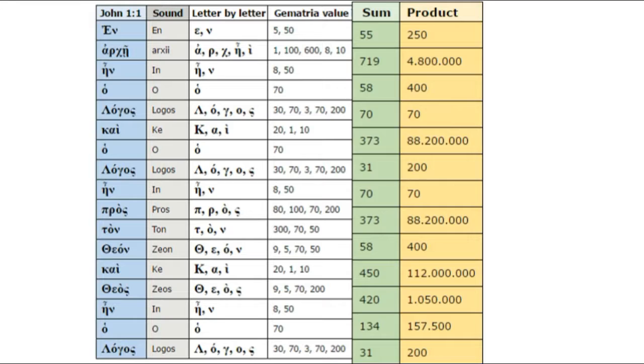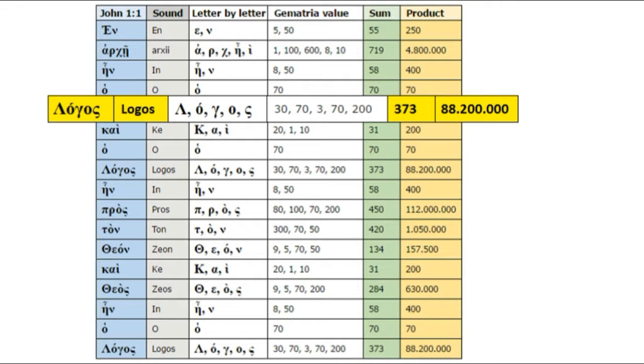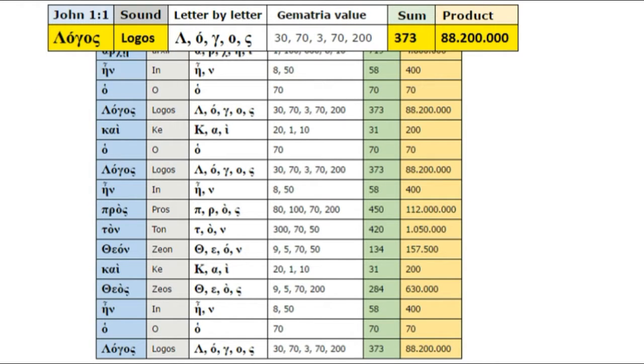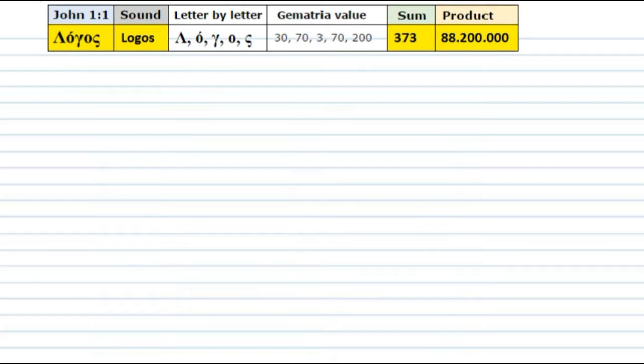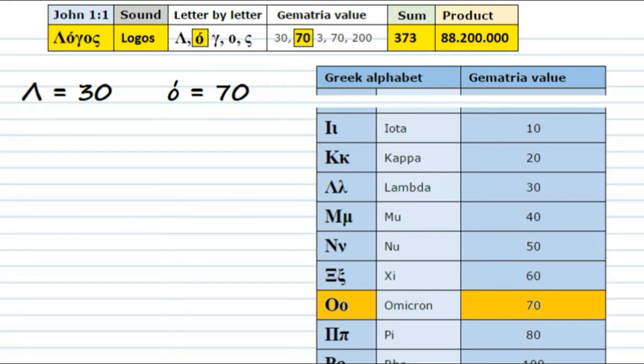For example, the fifth word of John 1:1 is logos, that usually is translated as word in this verse, and it refers to the Word of God, who is the Son of God and who is Christ. For now, coming back to our gematria computation, the Greek word logos has 5 letters: lambda, omicron, gamma, omicron, and sigma, whose respective values are 30, 70, 3, 70, and 200.